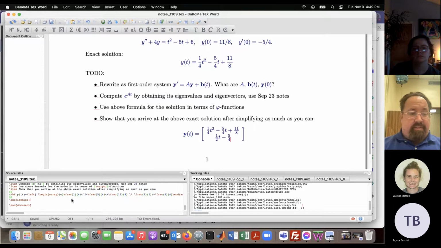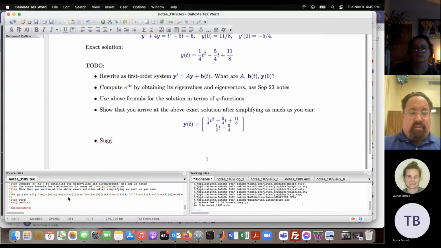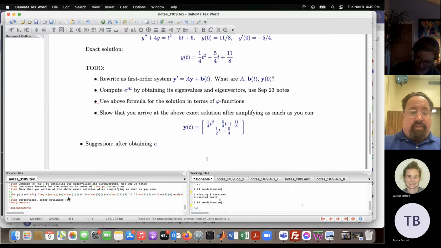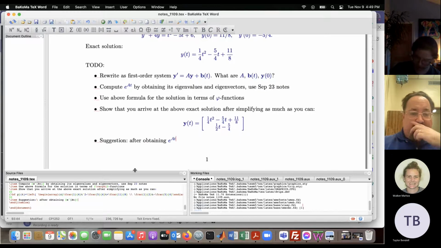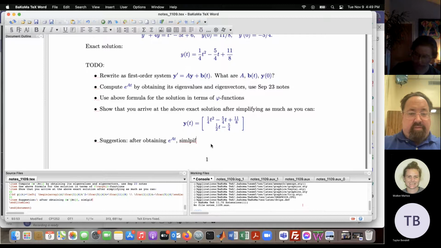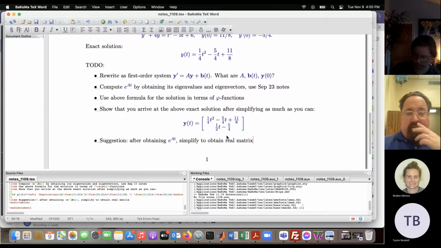What I would suggest to reduce clutter, since if you just use a formula from the notes to get e^(At), as I mentioned, it's going to be complex. But if you make it a real matrix, then everything else you do after that will be a lot cleaner.